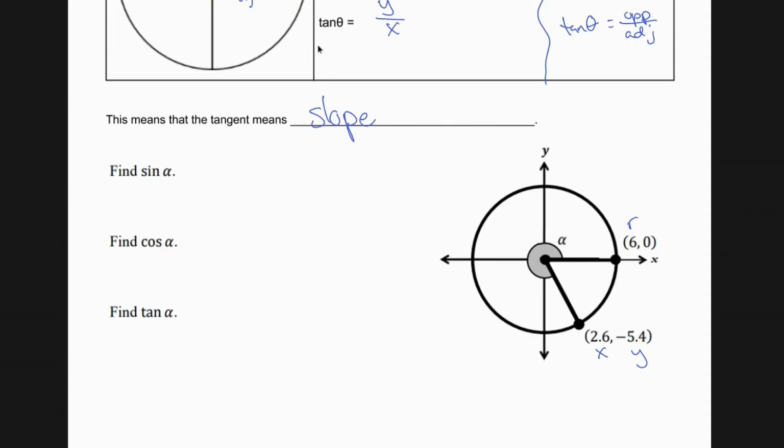So what I just wrote up there is sine is y over r. So according to this, sine alpha is going to be negative 5.4 over 6. Now, I guess we can simplify that, but I'm not going to really worry about simplifying it. I'm going to leave it like that for now.